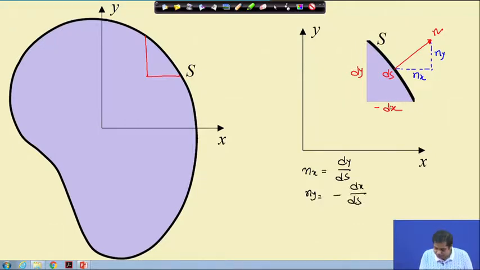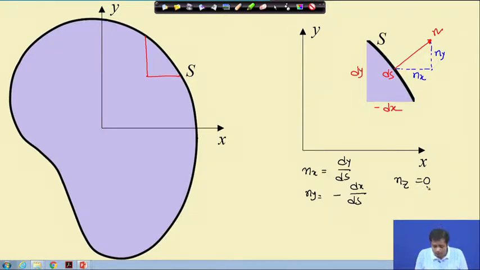The minus is because this distance is minus x, in the other direction. And what is nz? nz in this case will be 0, because we are taking just a plane, so there is no nz. These are the components of n.